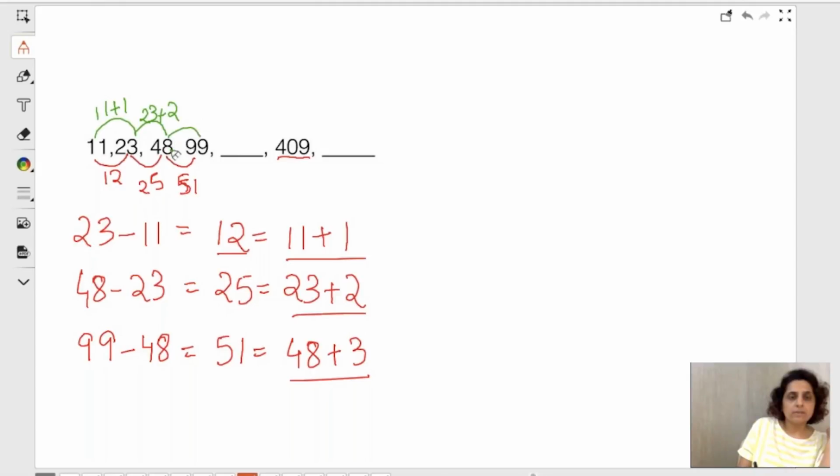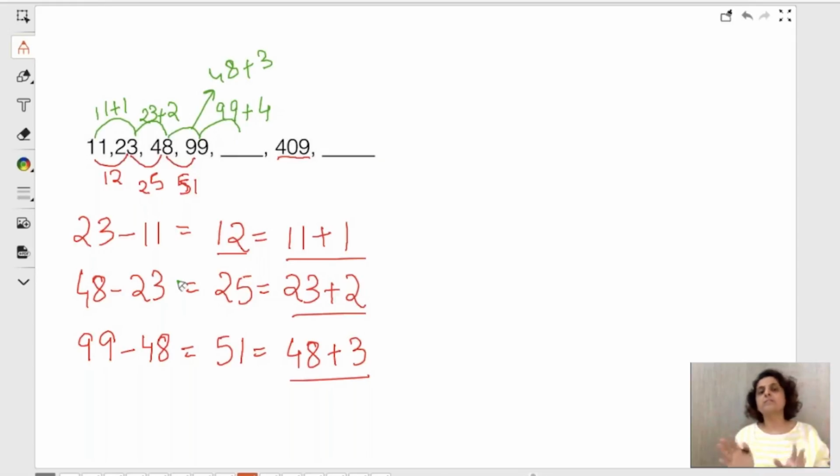Here this number is 48, so the difference here is 48 plus 3. So what would be the next difference now? It is 99 here, so 99 plus 4. This will be the difference between these two terms now.